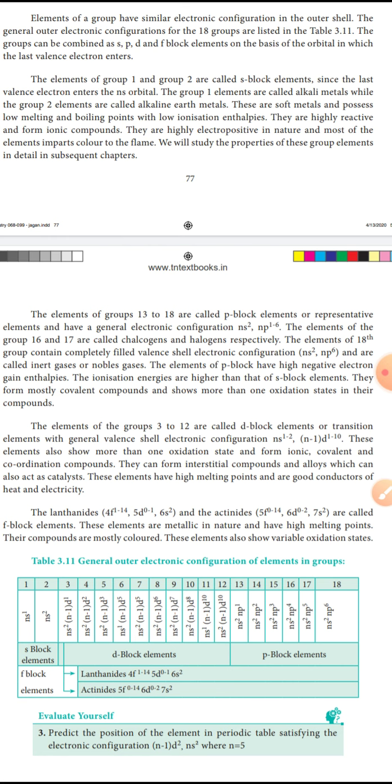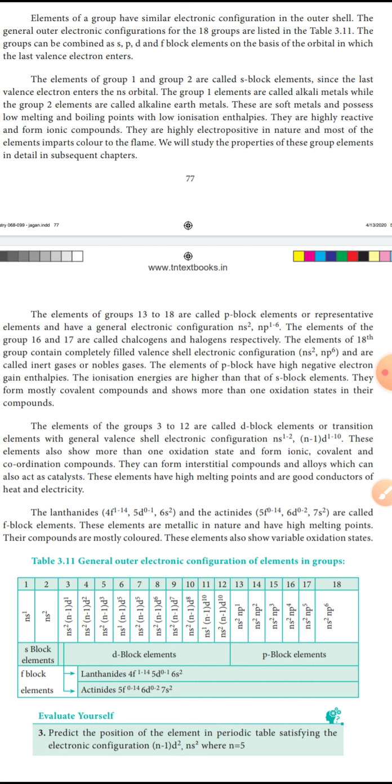The elements of groups 3 to 12 are called d block elements or transition elements. The general electronic configuration of transition elements is ns1 to 2, (n-1)d1 to 10.